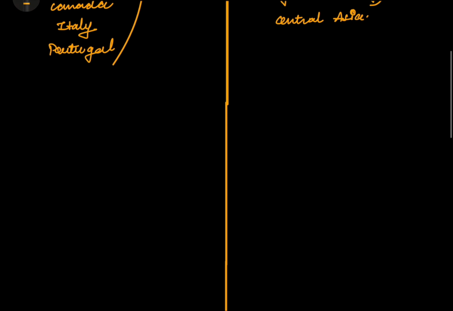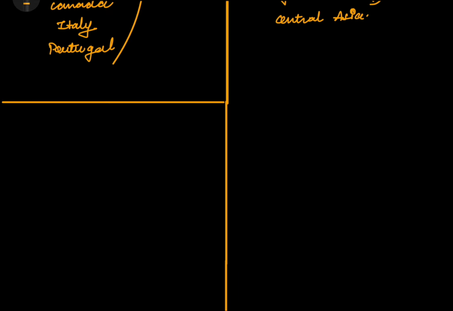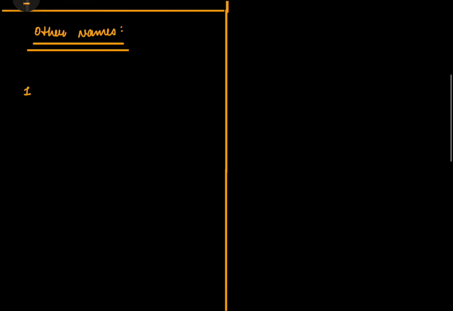So one question came in the prelims about what can be the alternative names for the parliamentary form of government. So let me give you that. What are the other names for the parliamentary form of government? The parliamentary form of government is also known by the name of prime ministerial form of government.